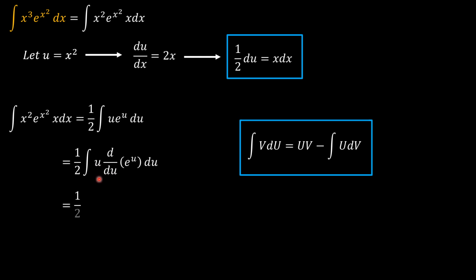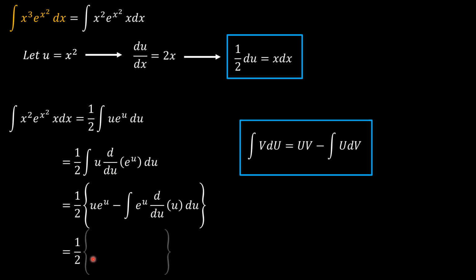We pull the constant out, and the product Uv becomes u times e to the power u, minus the integral of e^u times the derivative of u, which is just 1.